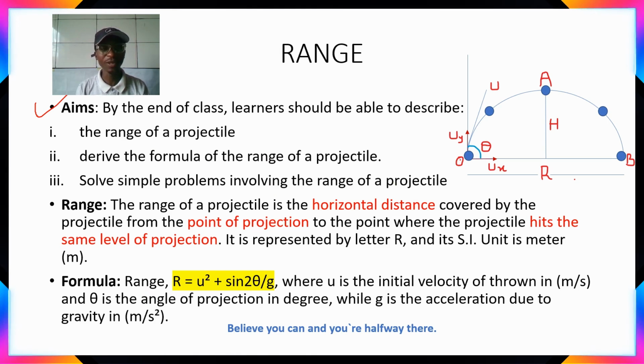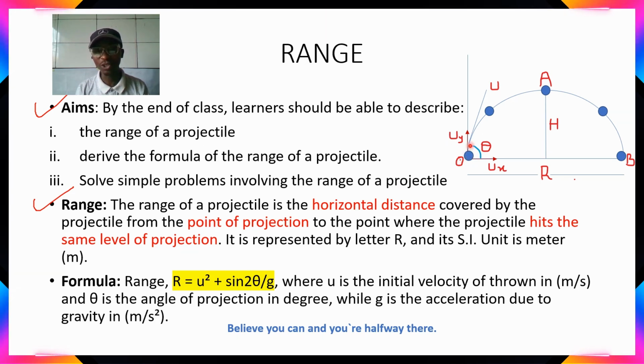All right, so what is range? Range can simply be defined as the horizontal distance covered by the projectile from the point of projection to the point where the projectile is at the same level of projection. This can be described in this projectile graph here. The point of projection is actually this point O, where this ball started its journey.